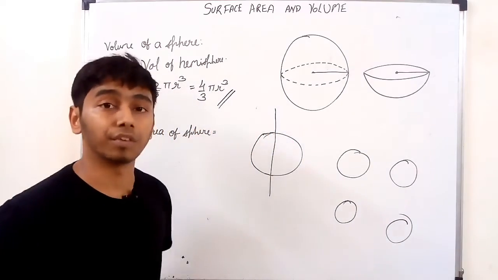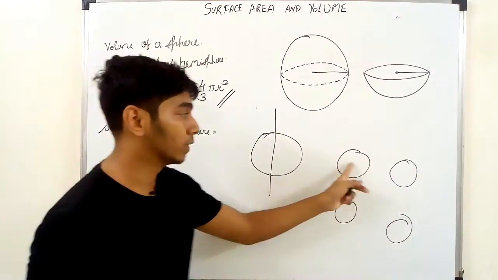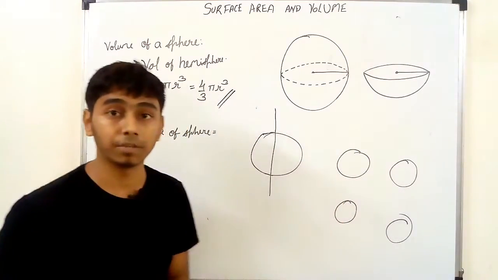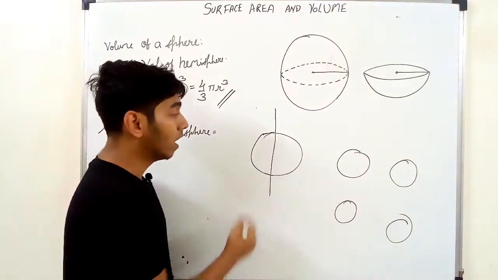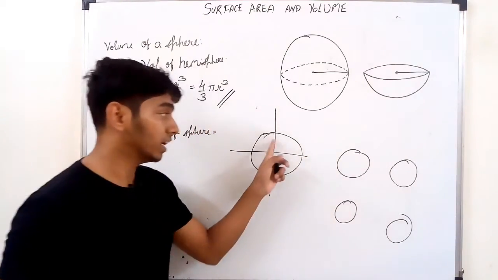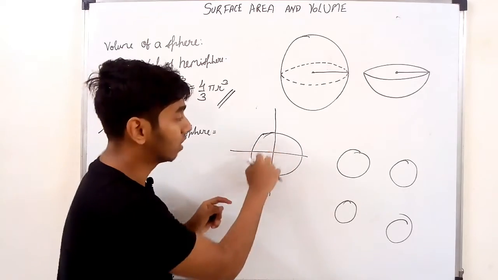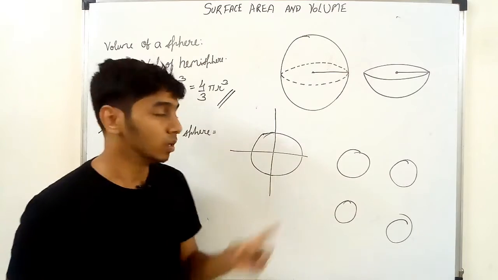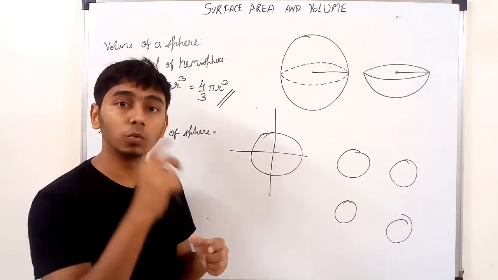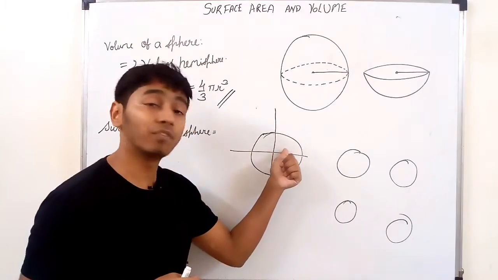Draw 4 circles out of it, with any one of these. Then you cut each half into another half, so they'll become 4 parts. Out of those 4 parts you consider each quarter, 1/4 part.